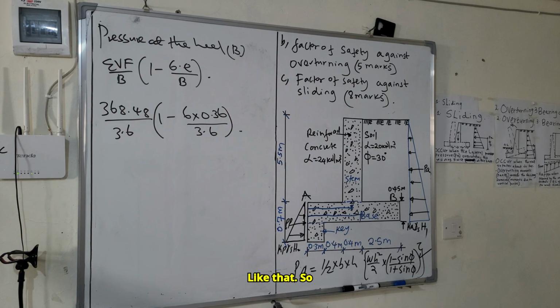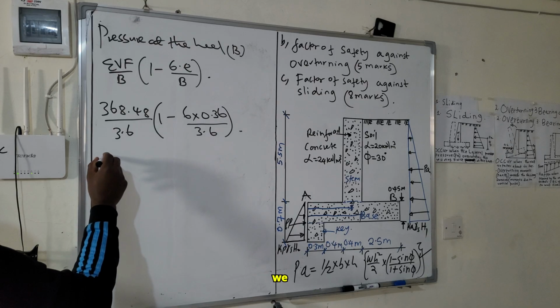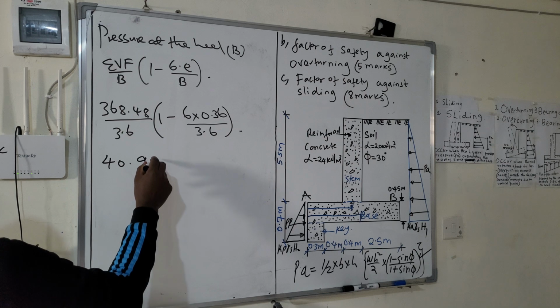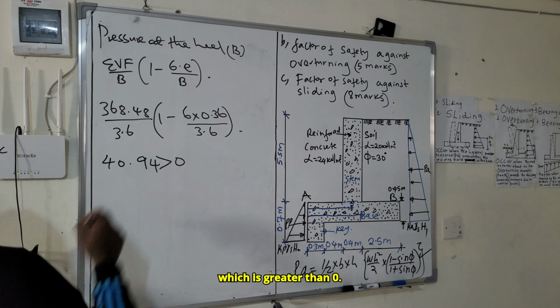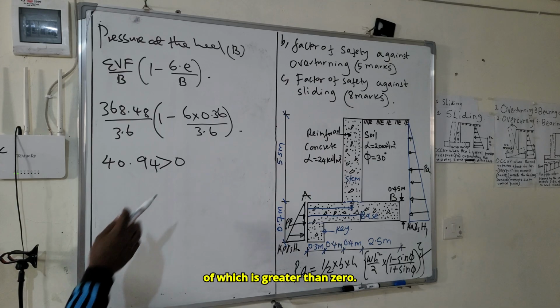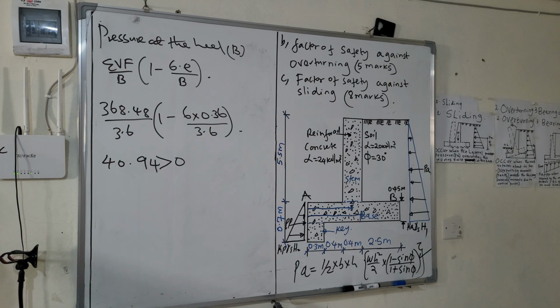So we get 40.94, which is greater than 0. So that is the minimum pressure, which is greater than 0. So it is okay.